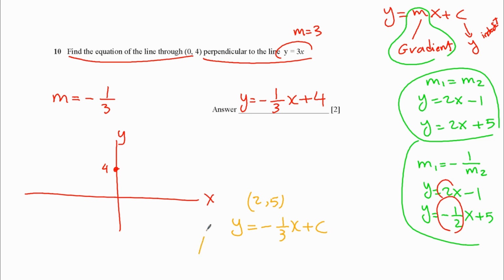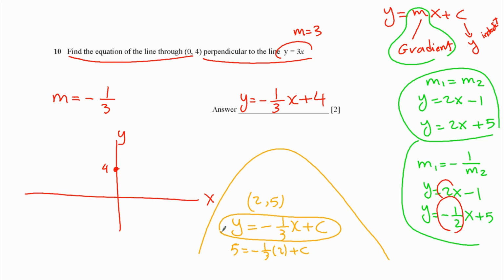Then we need to put (2, 5) into this equation and find c. So 5 is y, 2 is the x value, so 5 would be minus 1 over 3 times 2 plus c. From here we find c, and then we replace c back into this equation, and that would be the equation of the line. So you can solve this problem even if this (0, 4) was something completely random rather than being directly the y-intercept.